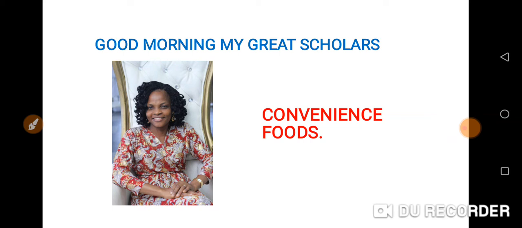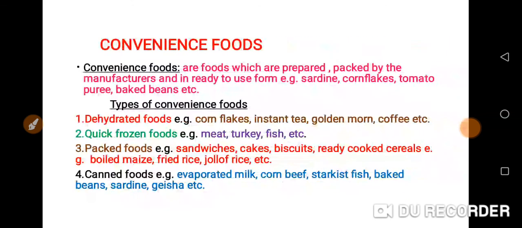Today's topic is convenience foods. Under convenience foods, we are going to learn what convenience foods are, and the types of convenience foods, with their examples. Convenience foods are foods which are prepared and packed by the manufacturers in ready-to-use form.